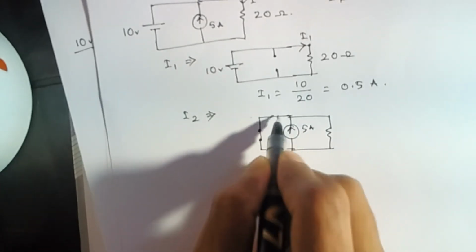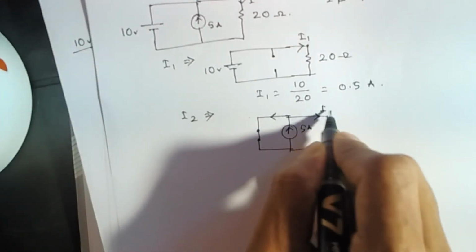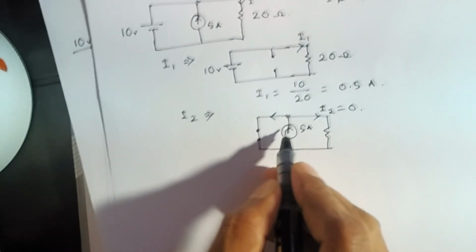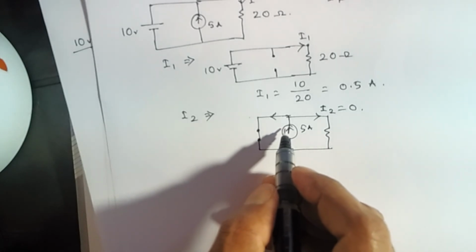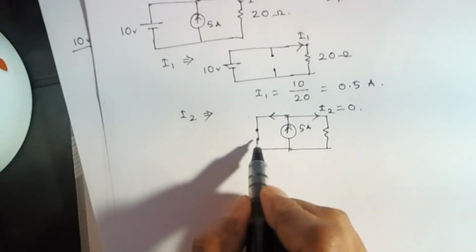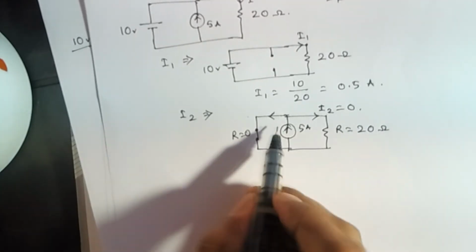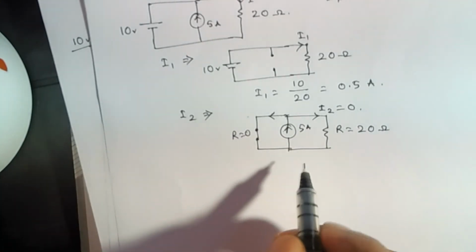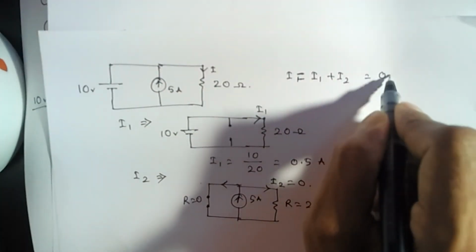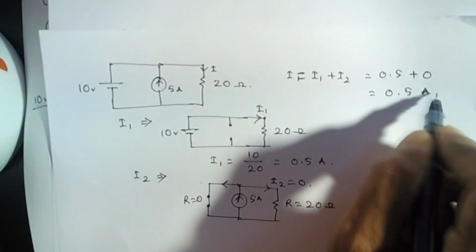So the current flows through this path only, and I2 equals 0, because the current will flow through the path where the resistance is least. Here resistance is 0 and here resistance is 20 ohm. So current will flow only through this path. So total current I equals 0.5 plus 0 equals 0.5 amps. Okay.